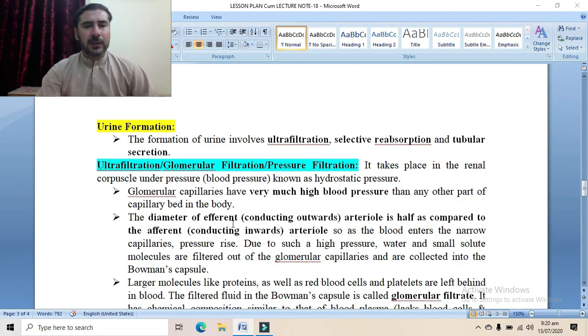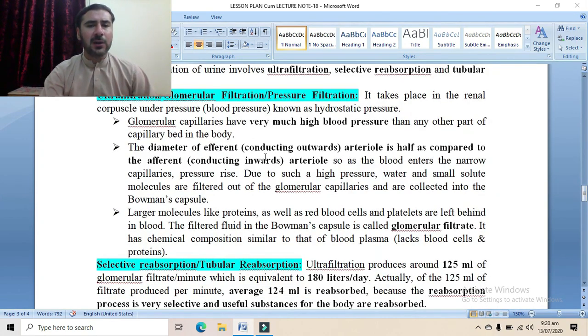Another point is how this pressure becomes so high: the diameter of the efferent arteriole, which conducts blood outward, is half as compared to the afferent arteriole, which conducts blood inwards. So the afferent arteriole which is moving into the glomerulus has a diameter double than that of the efferent which is leaving the glomerulus.